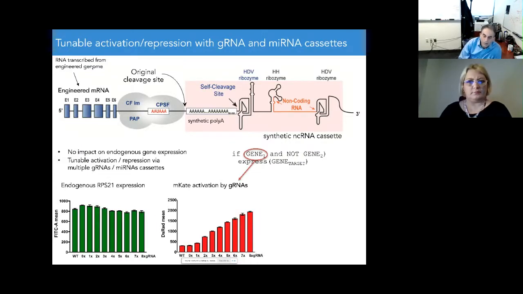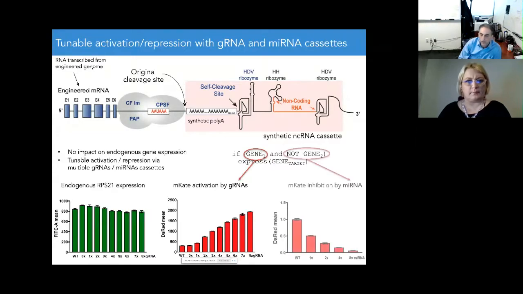In addition to being able to activate, we can also repress. Instead of making guide RNA, we can express microRNA. And so that overall allows us to implement the biological program if gene 1 and not gene 2. And if that's the case, we can express the target gene, for example, that will push it towards pancreatic lineage.